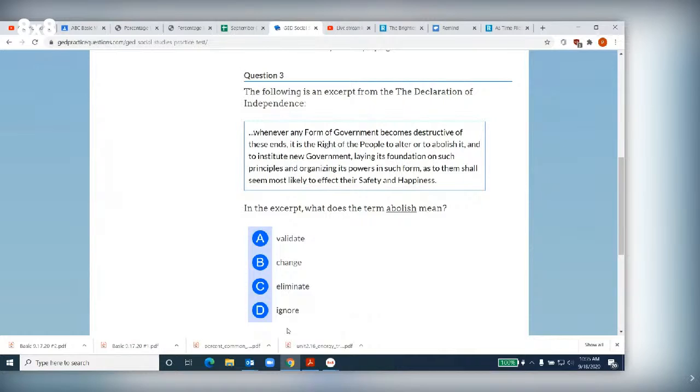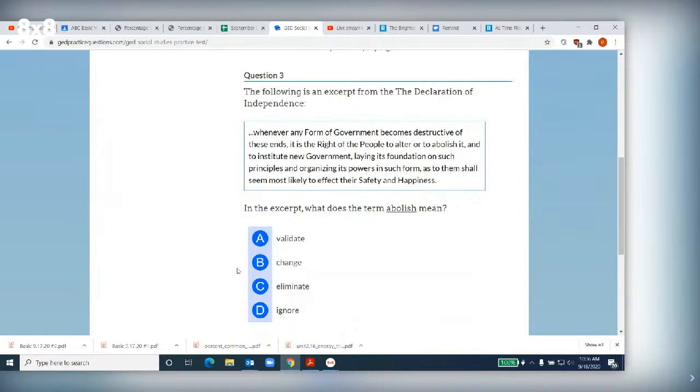We're probably not going to ignore the government, especially if it's been destructive. Change, possibly. Validate means give them credit for it. We're not going to do that because we don't like it. So it's going to be change or eliminate. And abolish means to eliminate. When you abolish something, you get rid of it.